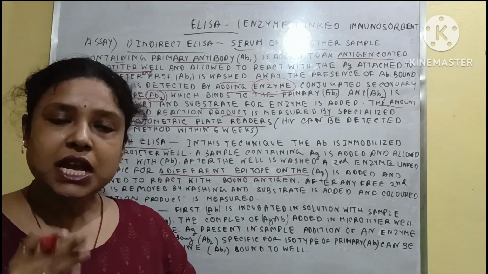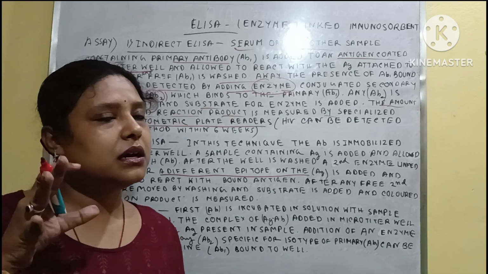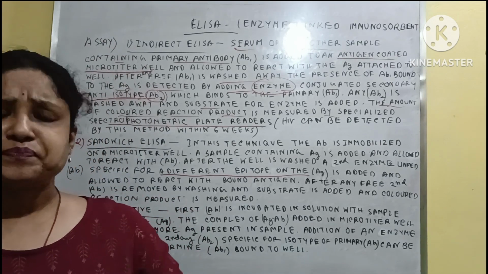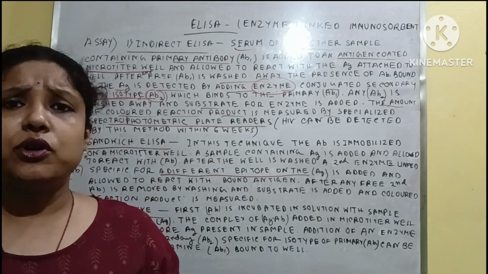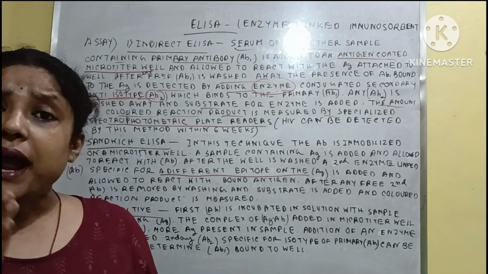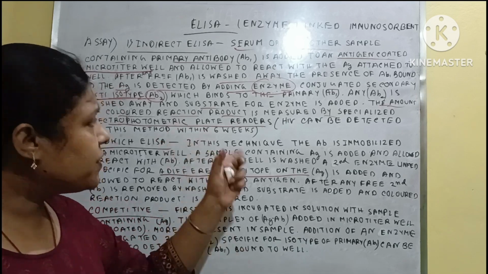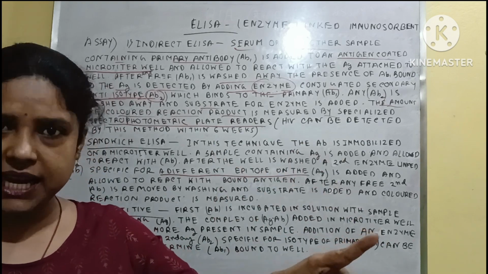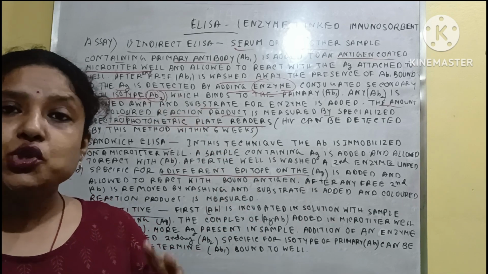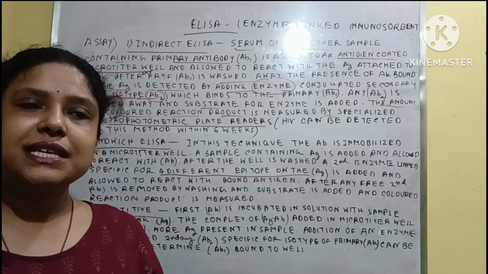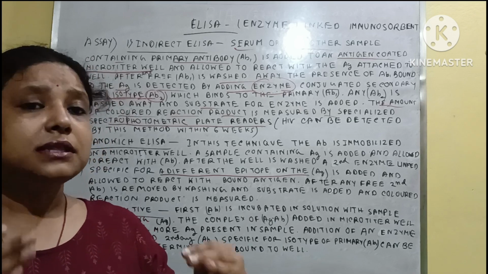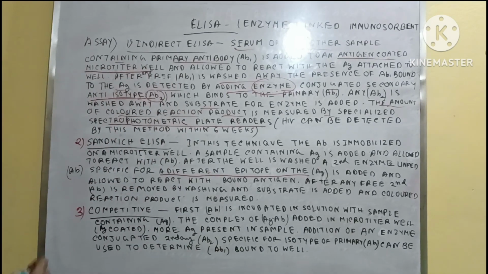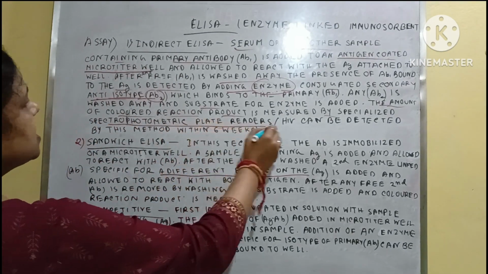The secondary antibody binds to the primary antibody, and after that a substrate related to the particular enzyme coated on the secondary antibody is added. So a colored product is formed, and the amount of colored product is measured by the spectrophotometric plate readers.